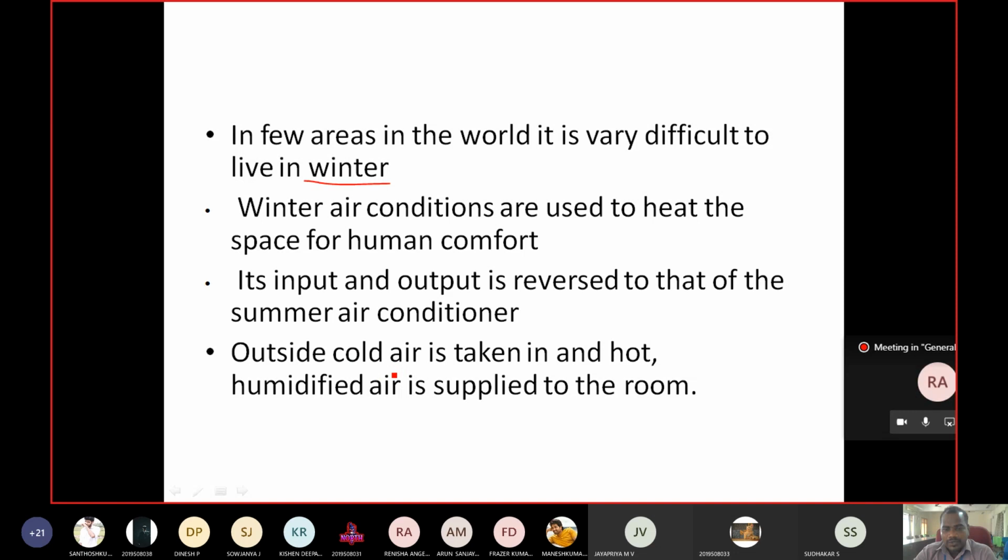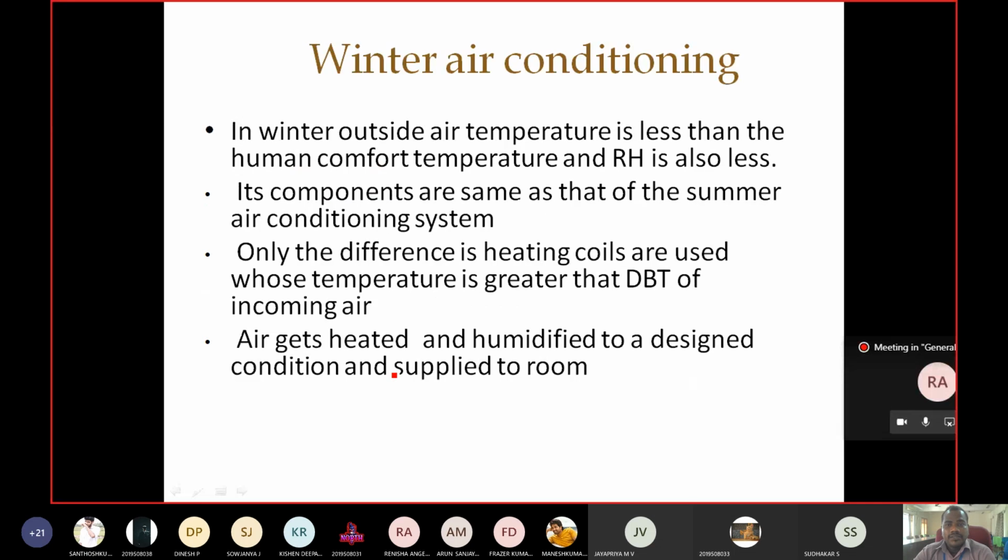So the outside cold air is taken in and hot humidified air is supplied to the room in winter air conditioning. So in winter, the outside air's temperature is less than the human comfort temperature and RH is also less. So its components are the same as those of a summer air conditioning system.